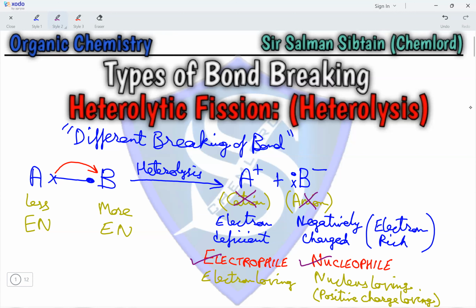However, a nucleophile need not have a negative charge because a nucleophile should be electron rich. It does not mean that it should have a negative charge as well. So, for a nucleophile, the negative charge is not required.